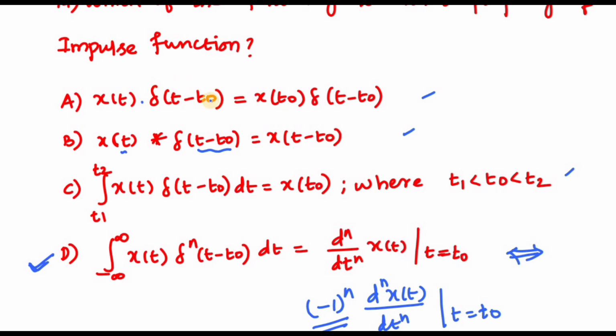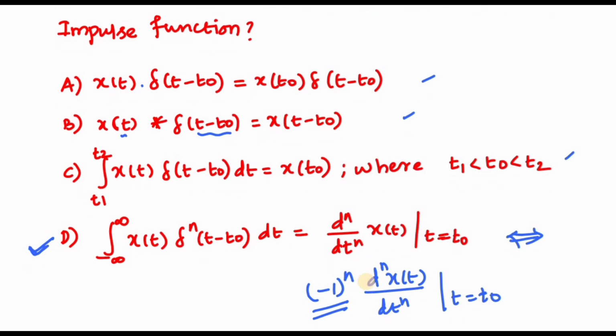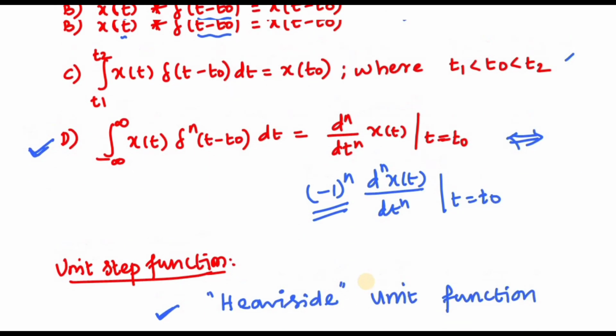So if you see the final equation, that is D, minus 1 power n is missing. So the fourth equation is wrong. That is not the property.